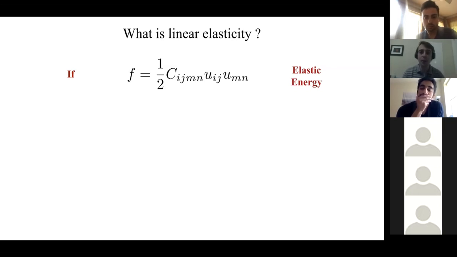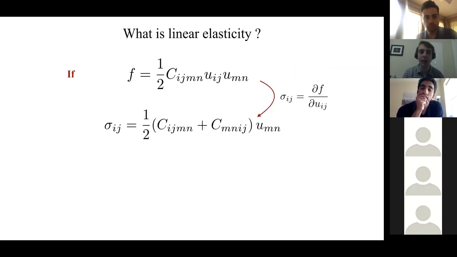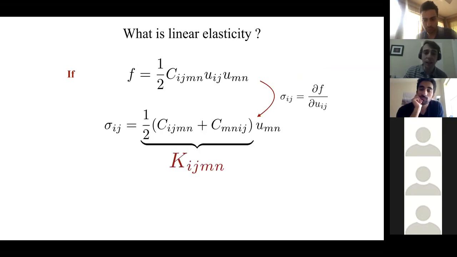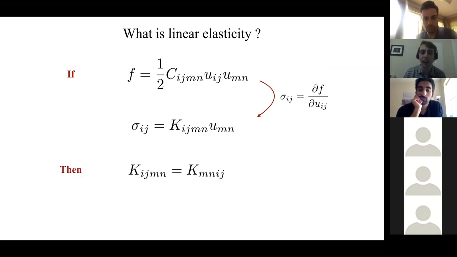If you turn the crank of performing the variation with respect to the displacement field, you find that the stresses are this object right here. We recover that the stresses are proportional to the strain, and we manifestly find that K_ijmn is symmetric.